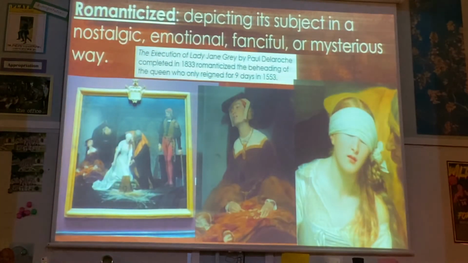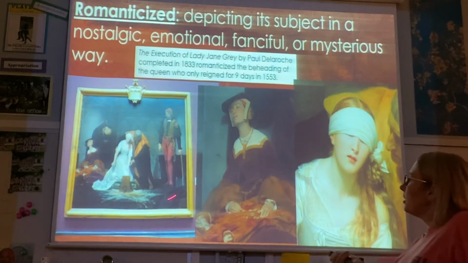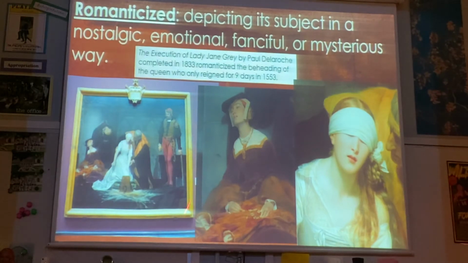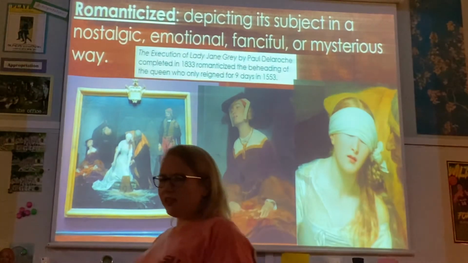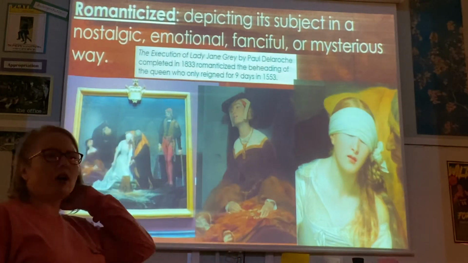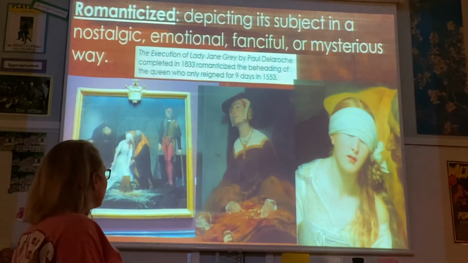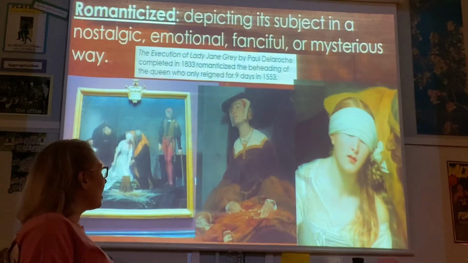Then there's romanticized, depicting a subject in a nostalgic or emotional, fanciful, or mysterious way. Remember we looked at this painting a while back, the execution of Lady Jane Grey, where she was Queen of England for about 9 days, and then they decided that she was committing treason and all kinds of stuff, and that she had to die.